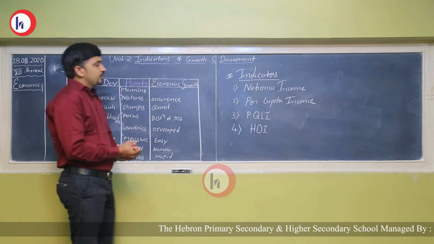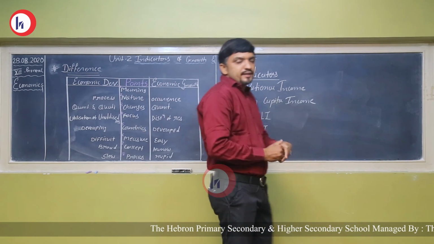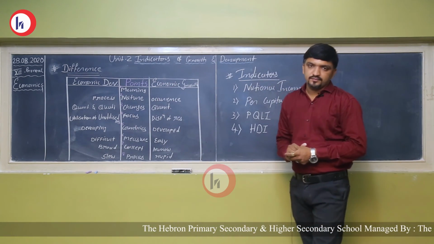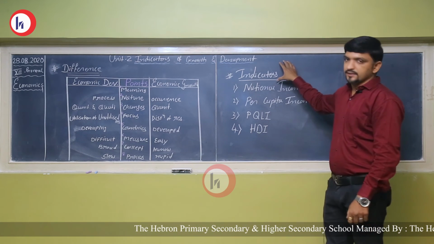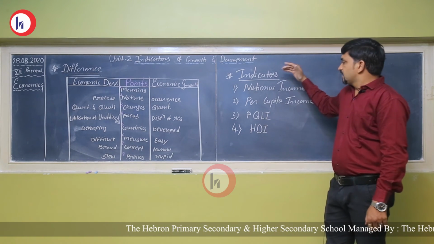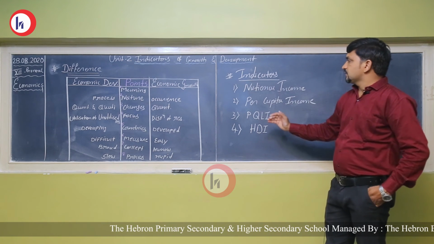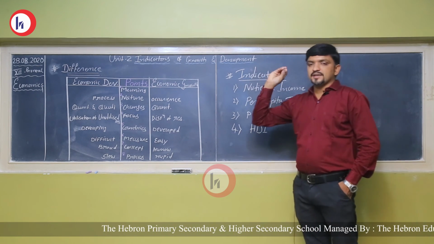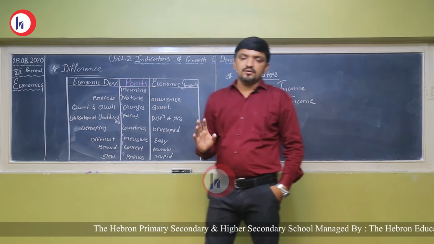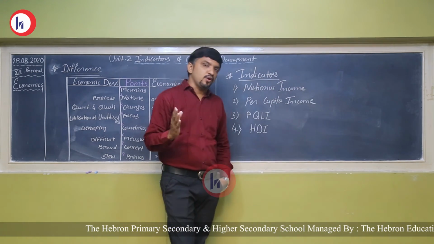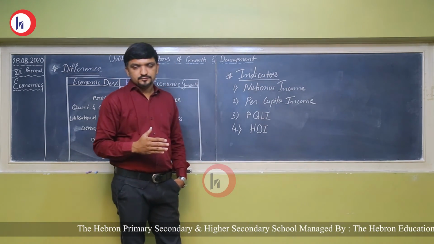Now, the next and the last question is indicators. There are 4 indicators of economic development.